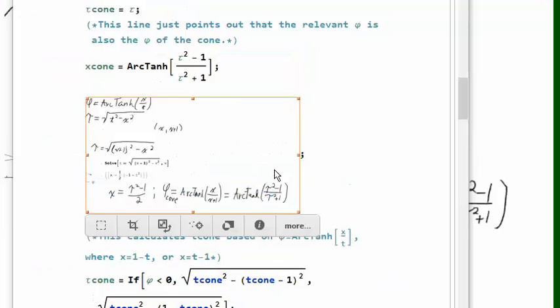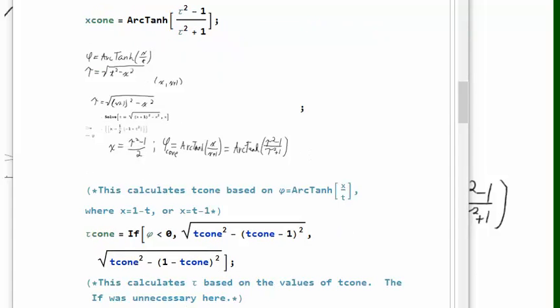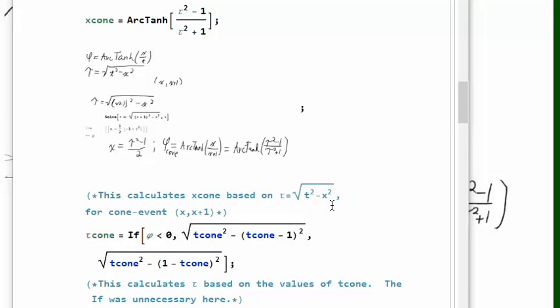And not sure how this works, but I thought I'd just stick that little reminder of how I calculated that into there with a semicolon after it so that it doesn't execute. But instead of calculating t-cone based on phi equals arctanh of x over t, it's going to calculate x-cone based on tau equals square root of t squared minus x squared for cone event x comma x plus 1.